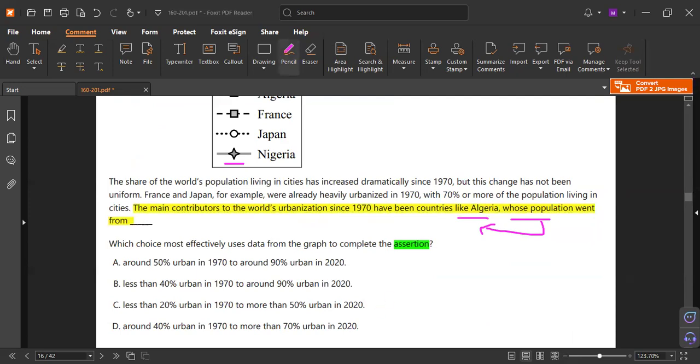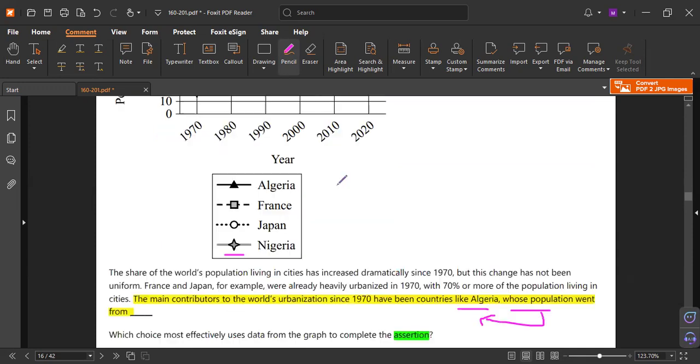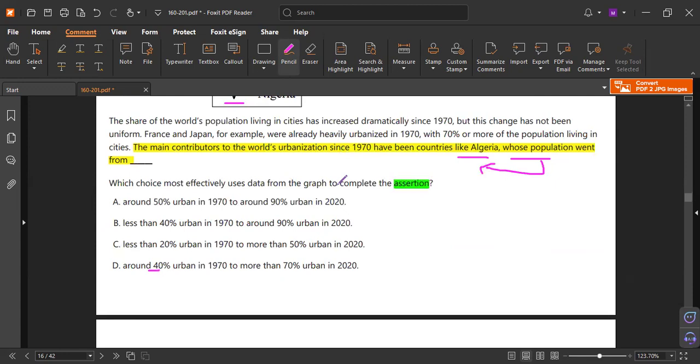It must be letter D. Let's see. Our support here. Yes, it could be, just like near. Look. So letters could be right. And then to more than 70 and 20.